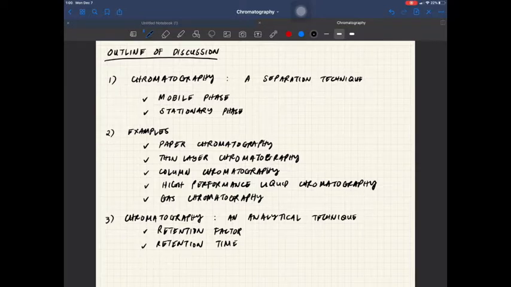And finally, I will introduce to you chromatography as an analytical technique. So, we will be talking about terms like retention factor, retention time, external standard method, and spiking.